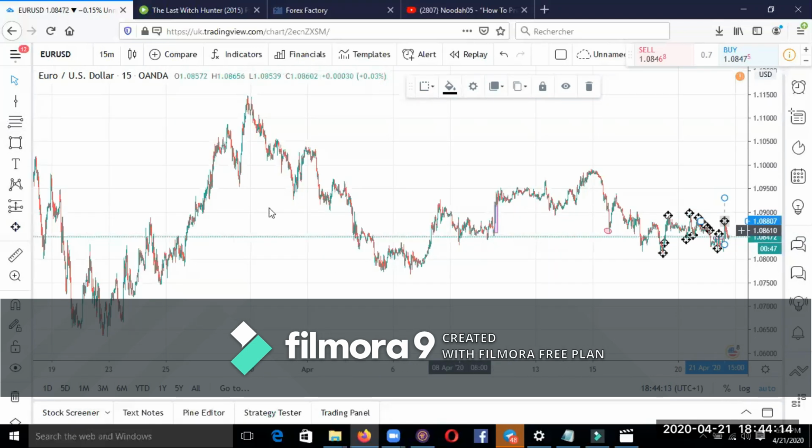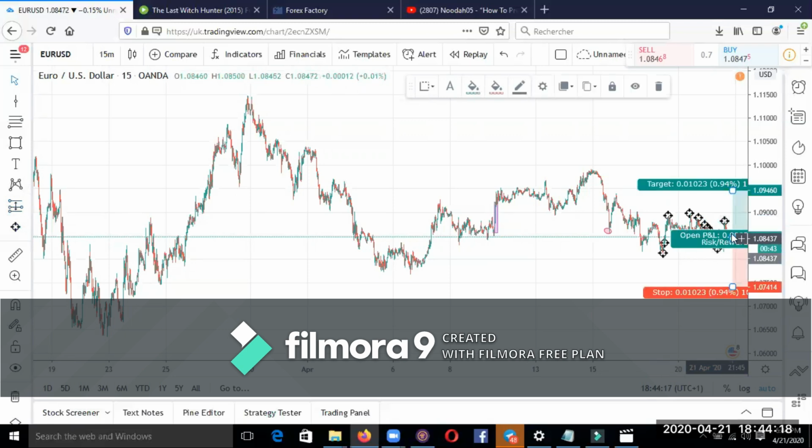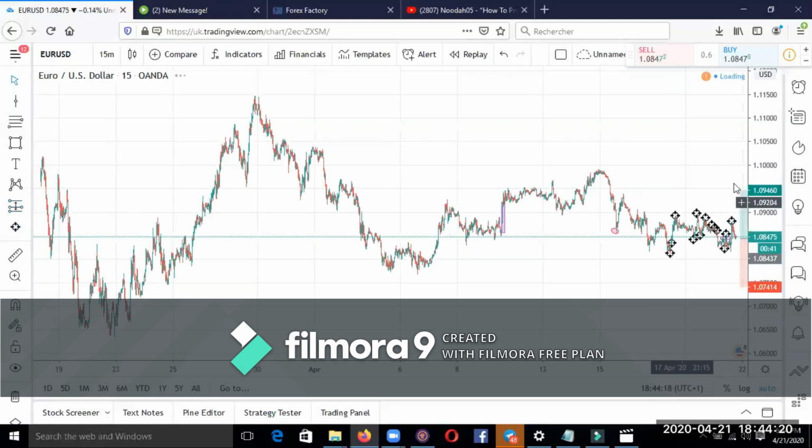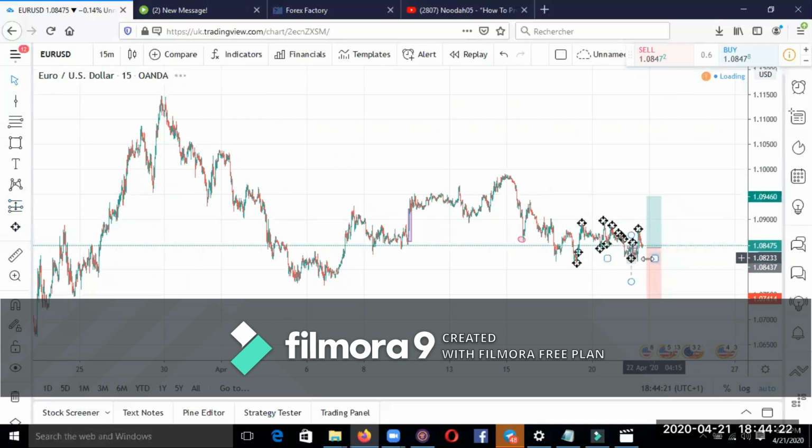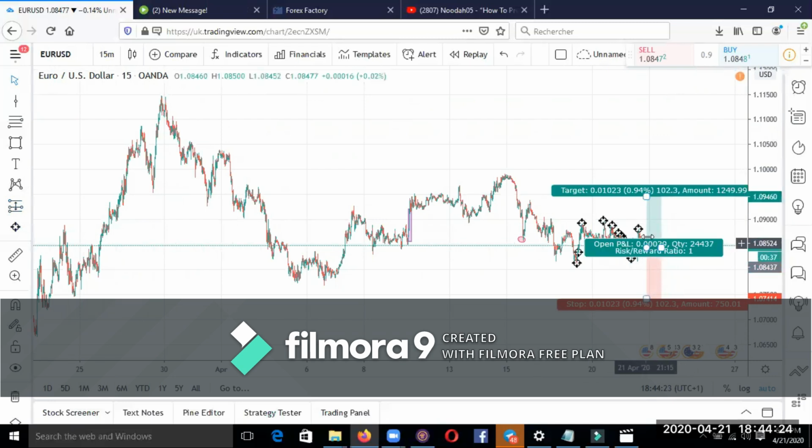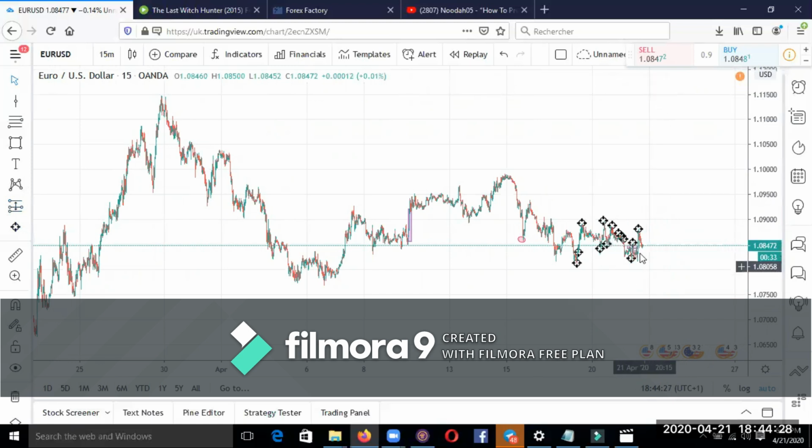Actually, that's why I like a swing position, because if I put a swing position here, it's to take them out here.